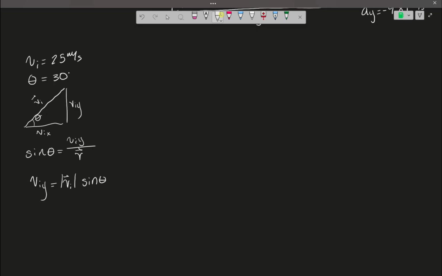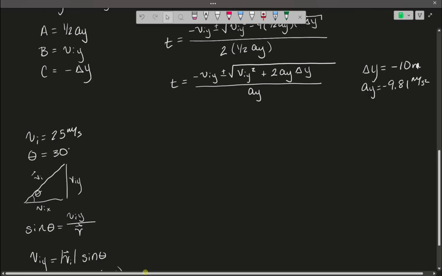I'm going to go ahead and solve for this. So my initial velocity in the y direction is going to be 25 sine of 30 degrees, and I get that my initial velocity in the y direction is 12.5 meters per second.